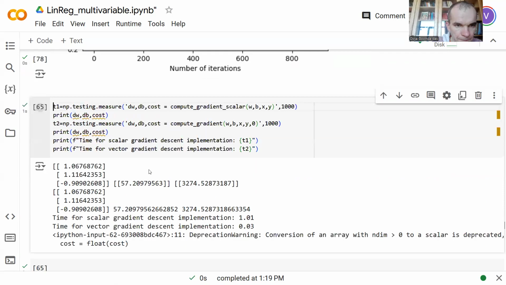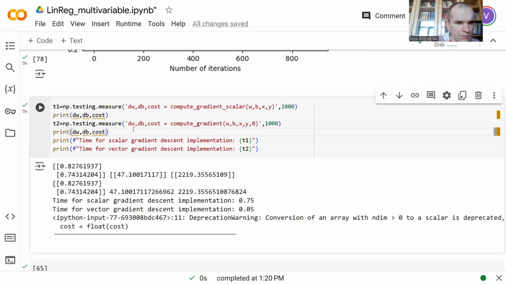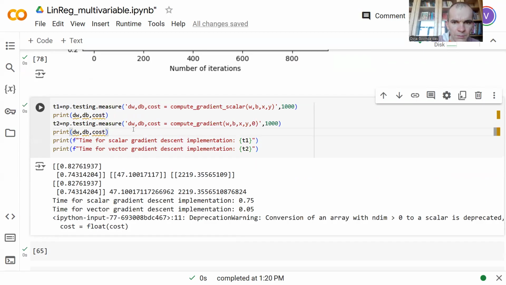Also here is some script for comparing the implementation time. For vector implementation, here it's 550 milliseconds against 750 milliseconds.